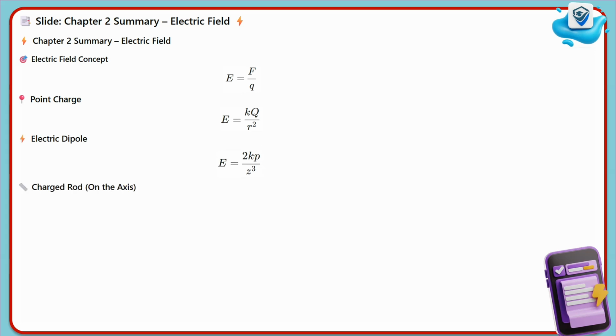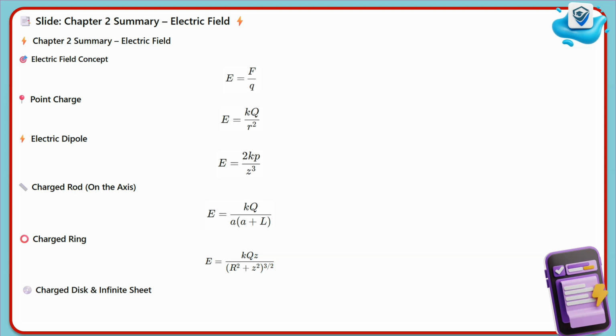Then, we studied the electric field produced by a uniformly charged rod on its axis, where we used integration to derive the final expression. After that, we derived the electric field of a uniformly charged ring along its central axis. An important result is that the electric field at the center of the ring is exactly zero because of symmetry.